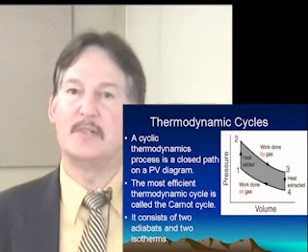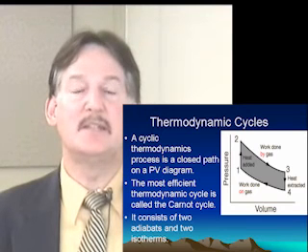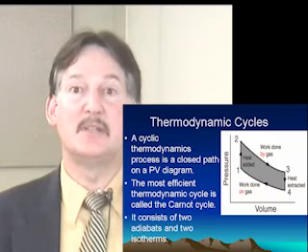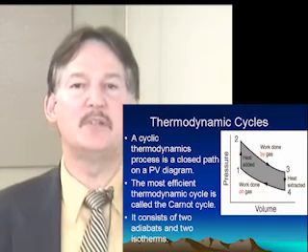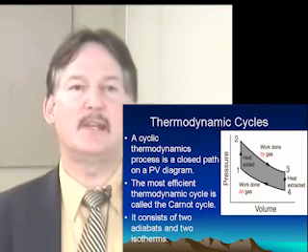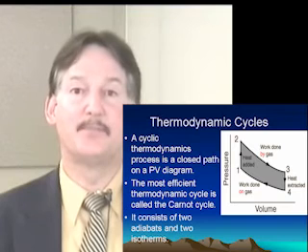Well, you recall we did sort of an example like that where we fixed the piston in place and added heat to it, which caused the pressure to increase and temperature to increase as the volume stayed fixed. So this, from step 1 to 2, we see in order for this to happen, we have to have heat flowing into our system.